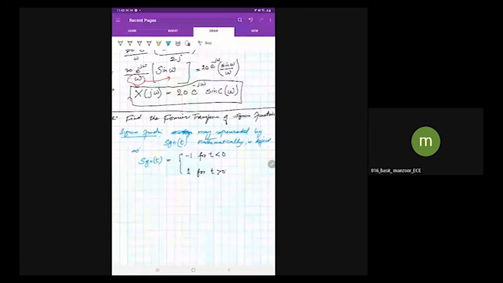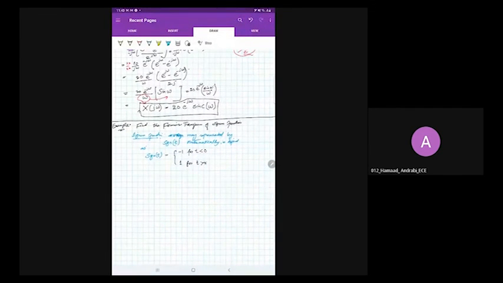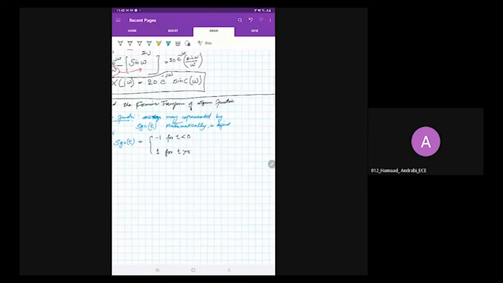No, no. This is correct. I'll draw it here. ठीक है, this is correct. सिग्नम फंक्शन को जब हम plot करते हैं, this is how signum function looks like. ये मैंने already एक बार बताई थी क्लास में. तो this is t, this is signum function of t.